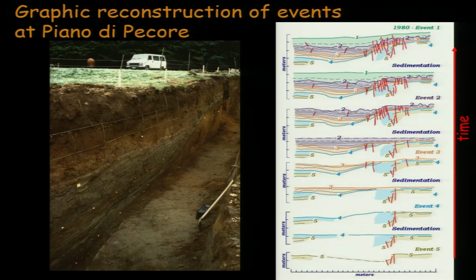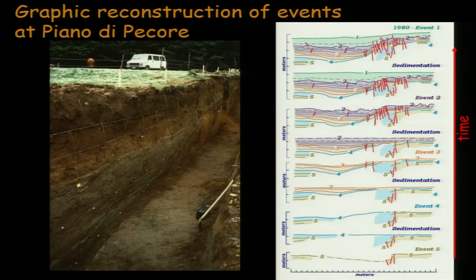Based on that, they were able to pick up at least 5 events, and they reconstructed the chronology of the events based on the cross-cutting relationship of the faults which they identified in the trench. So, this shows event 5, where unit 5 has been shown here, and then unit 4 and so on.